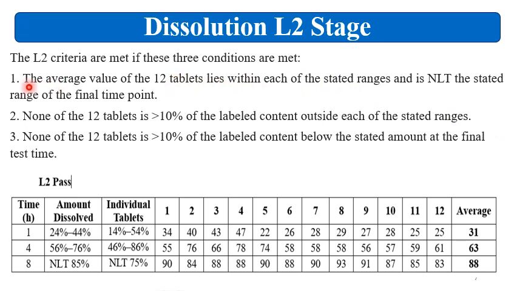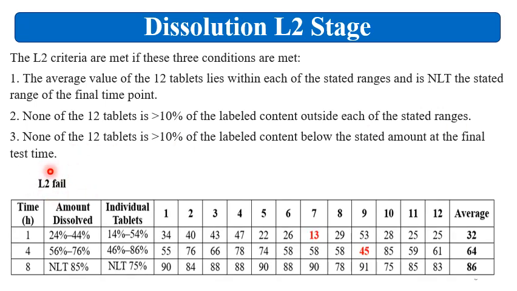Here you can see the L2 criteria that the average value of 12 tablets lies within each of the stated range and is not less than the stated range of the final time point. So here the final time point is 88% while the criteria is 75%.